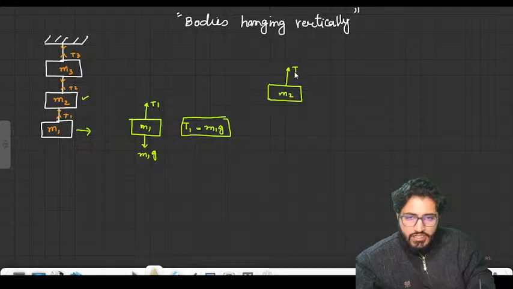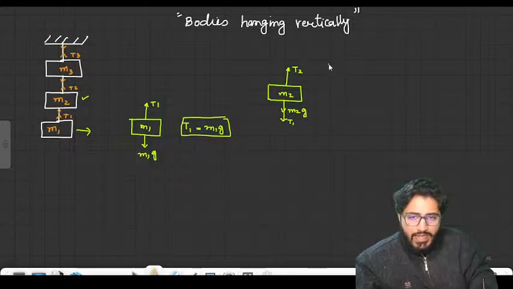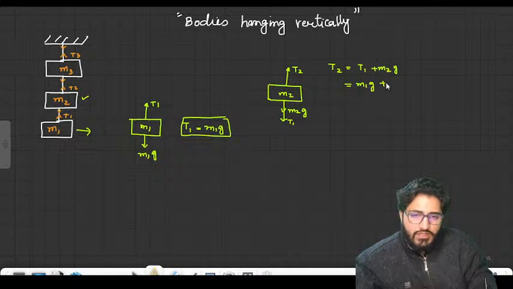Upper is tension T2, lower is tension T1, and lower is weight M2G. I can write T2 is equal to T1 plus M2G, which is M1G plus M2G.